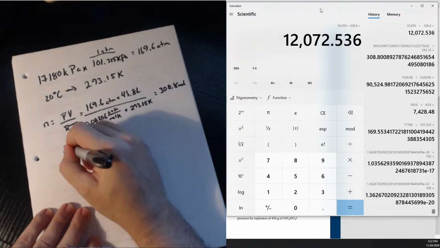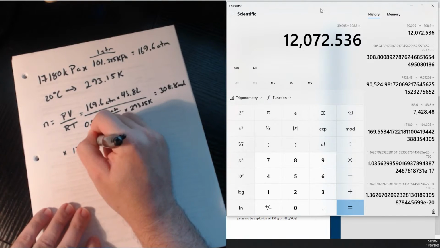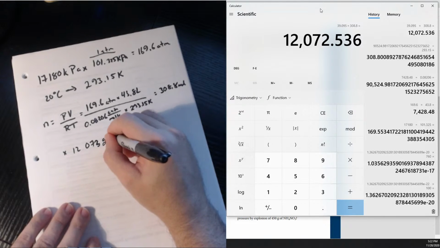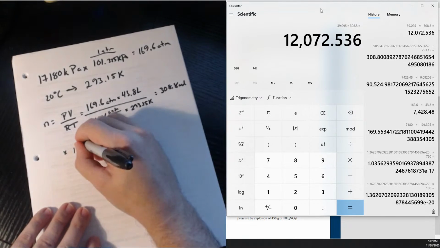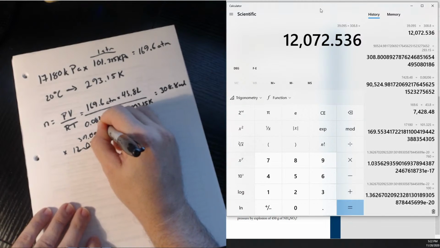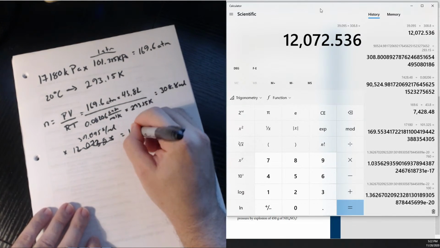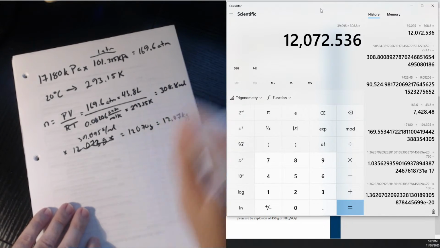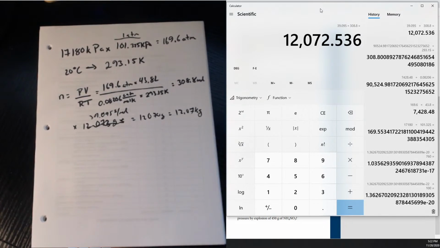So that gets us 12,070 grams, or 12.07 kilograms, which isn't all that much. I mean, it's about 25 pounds. And given that we're talking about a thick-walled steel cylinder, the cylinder weighs a lot more than the gas inside it. I think that was the last of that series.